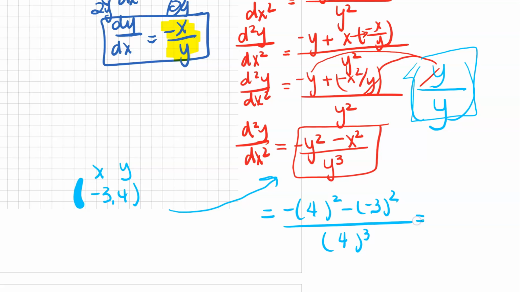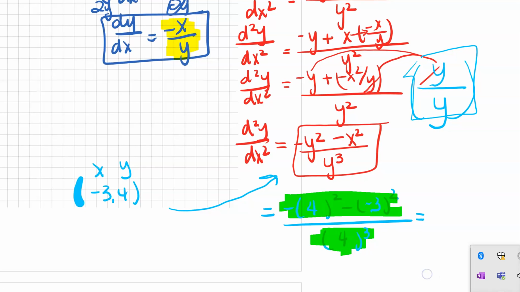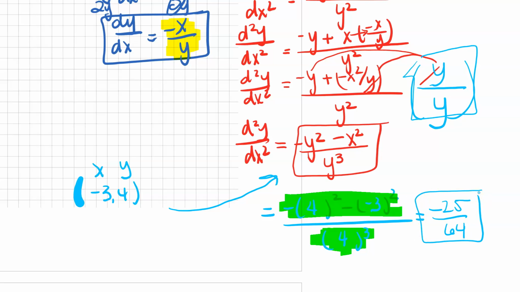And so again, as you saw earlier, plug everything in the top into your calculator, get your number. Everything in the bottom into your calculator, get your number. And that number would be negative 25 over 64. So not too bad, but definitely details and algebra.